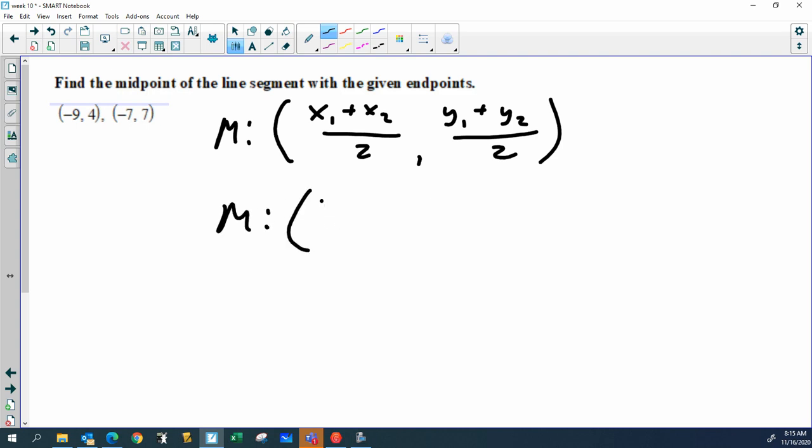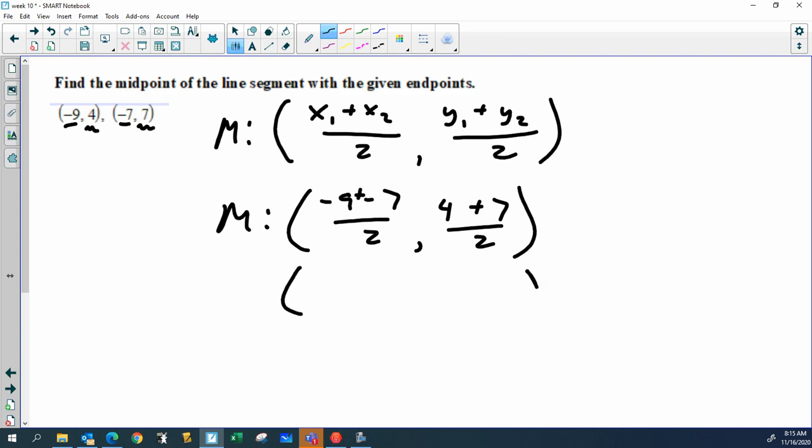So we do -9 minus 7 divided by 2. -9 minus 7. Sorry, it's plus a -7 is what it is. Divide by 2. And it's 4 plus 7 divide by 2. And we just simplify.